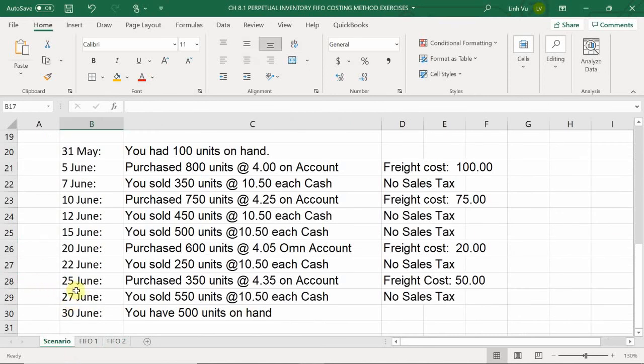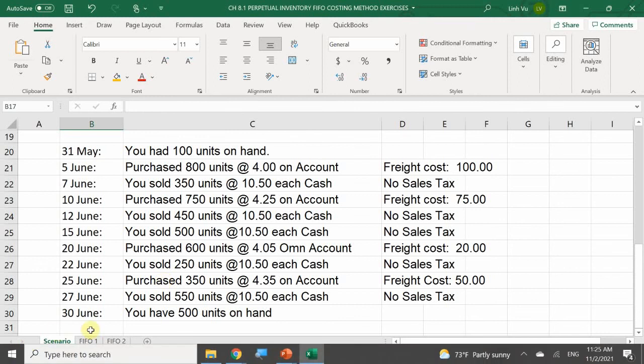So then last on the 25th of June, we purchased an additional 350 units at $4.35 with a freight of $50.